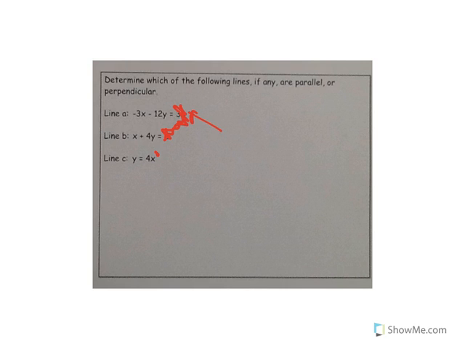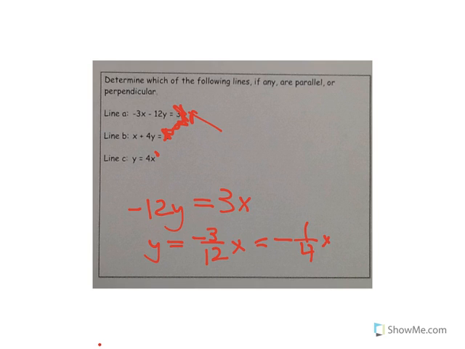So for this one here, I just got to rearrange it. I'm going to bounce over the -3x, so that -12y is equal to 3x. So my slope is then going to be found by dividing both sides by -12. What I end up with is y is equal to -3/12 x, and that's equal to -1/4 x.